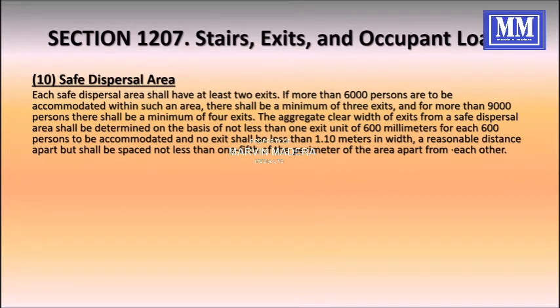The aggregate clear width of the exits of the safe dispersal area shall be determined on the basis of not less than one exit unit of 600 millimeters for each 600 persons to be accommodated, and no exit shall be less than 1.1 meters in width, a reasonable distance apart, but shall be spaced not less than one-fifth of the perimeter of the area apart from each other.